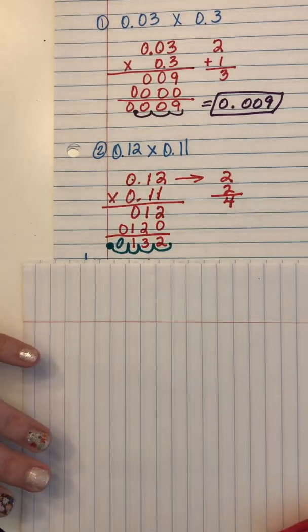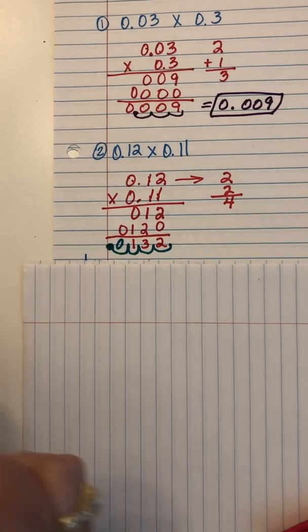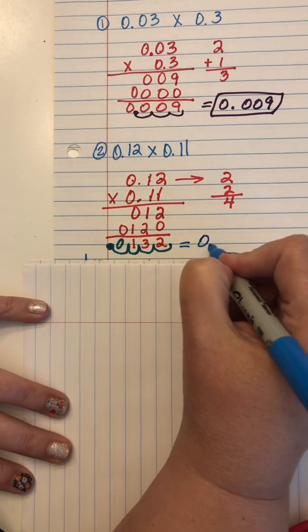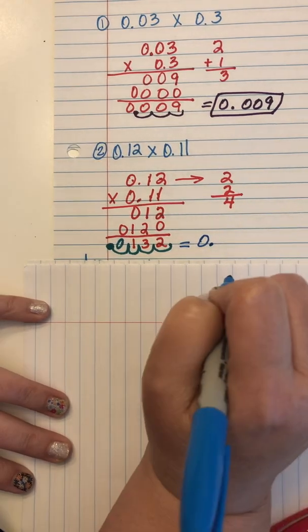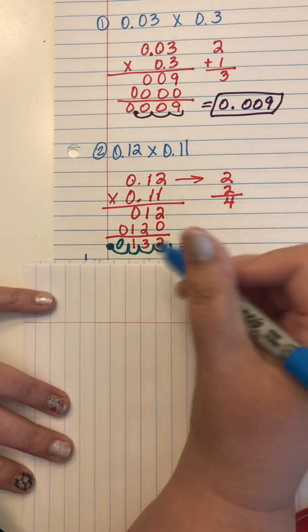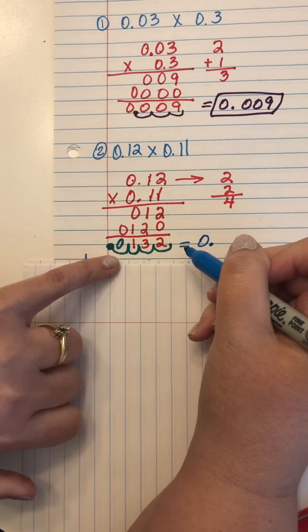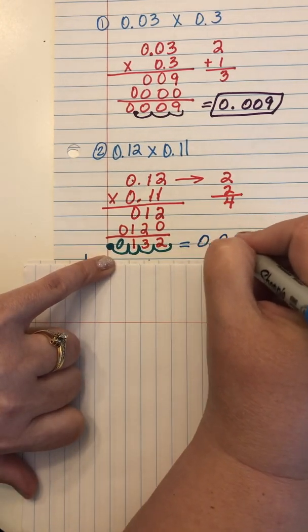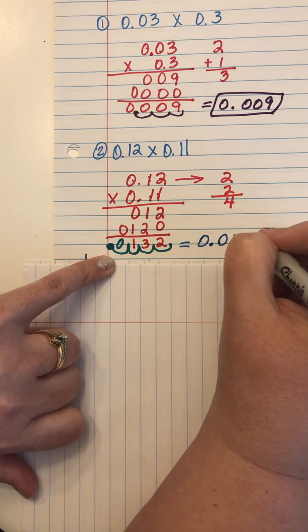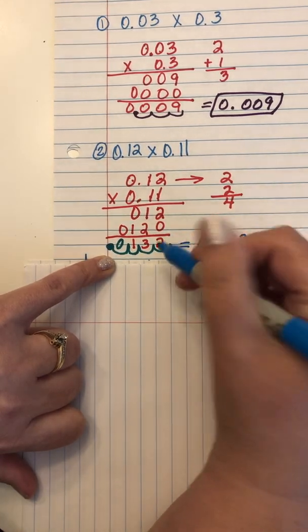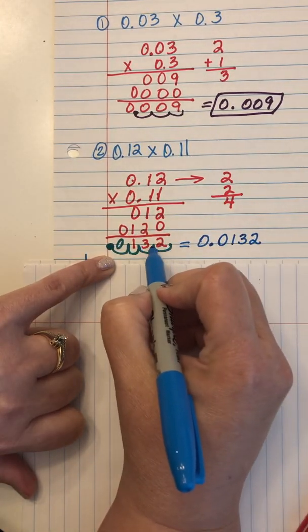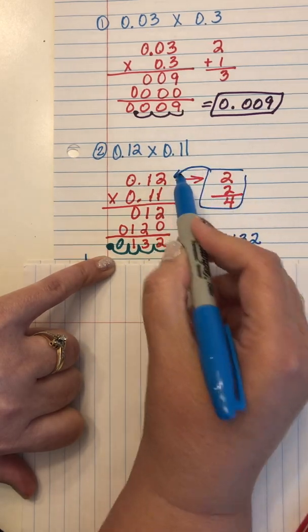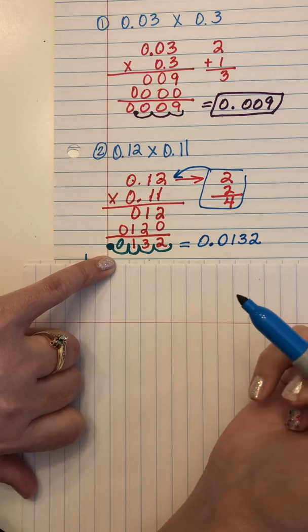Let me write that number out to the side so you can see clearly what I did. Because it's a partial number, I put my 0 before the decimal point. And then I have 4 decimal places to the right, and they are 0, 1, 3, 2. I moved it in 4 places because that's how many original decimal places I had.